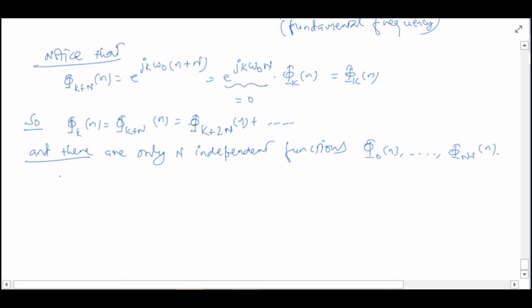As a consequence we can represent x[n] as a finite sum. Unlike the continuous time case where we had an infinite series, in discrete time a periodic signal x[n] is represented as a finite sum of complex exponentials. More precisely, I can write x[n] as this. As in the continuous time case, this equation is called the synthesis equation.